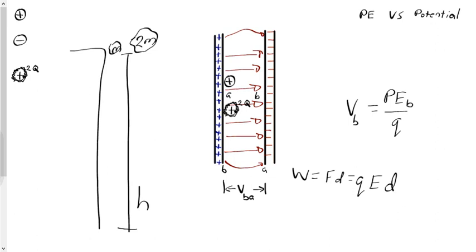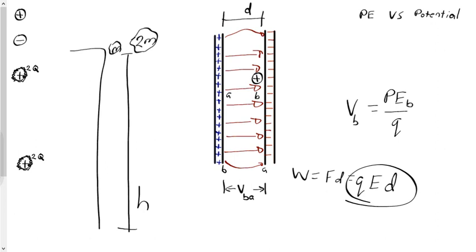So if I have a charge of Q and I put it over here at a low energy position, I'm going to do work in order to move it to position A. I'm going to move it a distance D through this electric field, and again, it has a value of Q. So the work done to raise its potential energy is equal to QED in this case. So hopefully that clarifies a little bit of what this means and where it belongs.